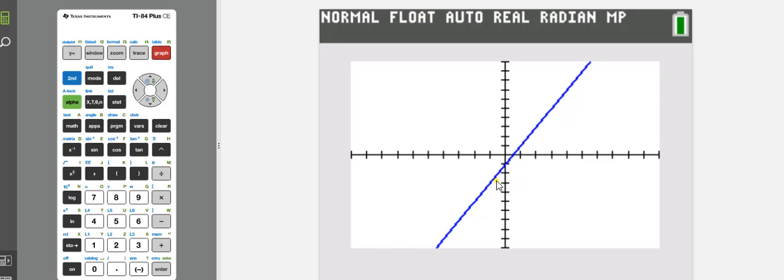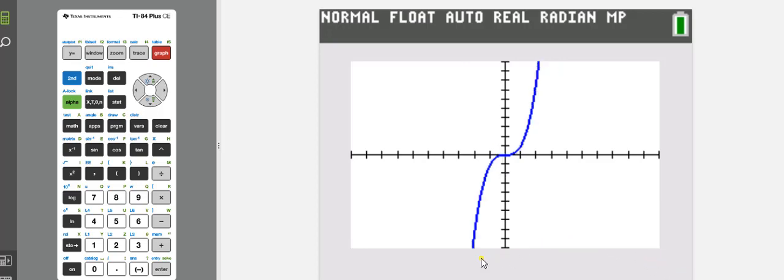The parent function of a linear function is y equals x. Next, we have a parabola or quadratic function. The parent function of the quadratic function is y equals x squared.